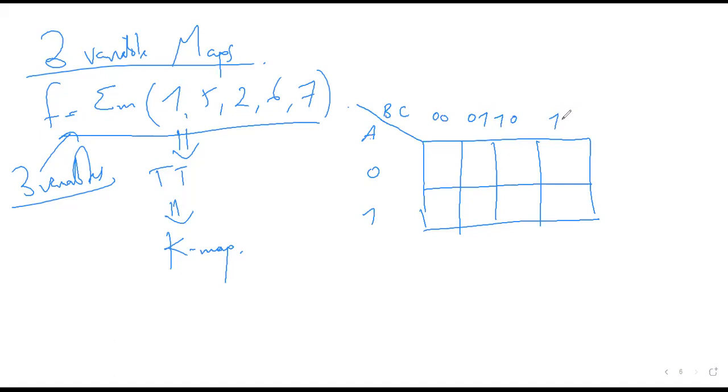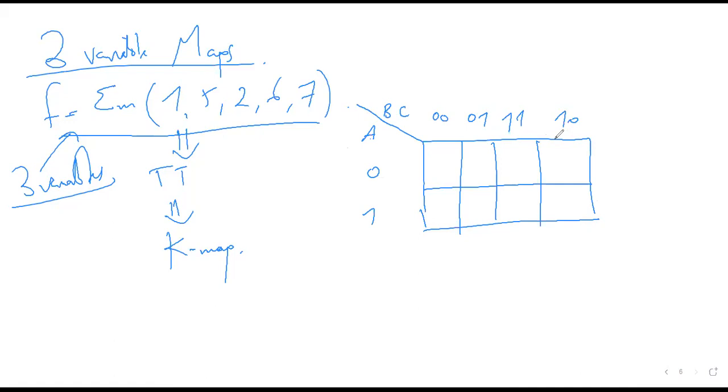And lastly, we have 1, 1. Is this correct? No, it's not correct, sir. You have to put 0, 0, 0, 1. Here we have 1, 1, 1, 0. All right. This is how we come up with the Karnaugh map.